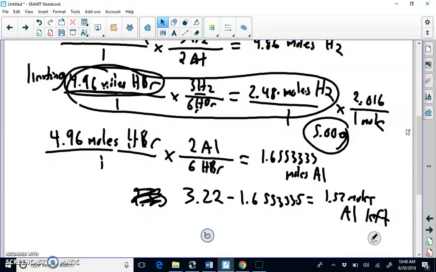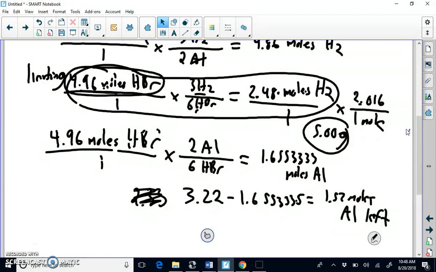Now, let me just go through the steps of that again to find out how much will be left over of the excess reactant. You take the moles of the limiting reactant, which is here, and use the mole ratios to find out how many moles of the other reactant will react.